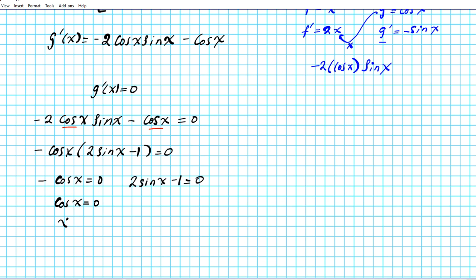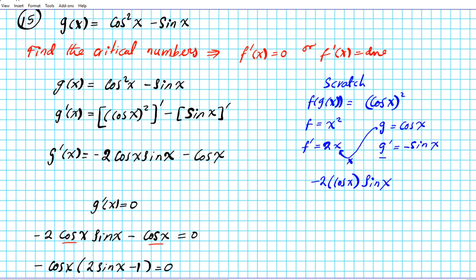To get x, you're basically looking for the inverse cosine of 0. Let's put a domain restriction on our problem here, or else we have infinitely many critical numbers.